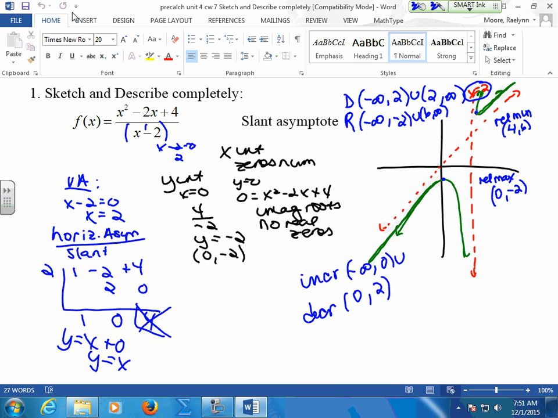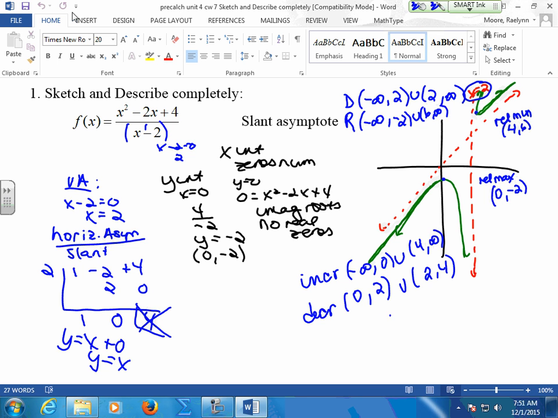We can't get past that. So what's this guy doing? Coming down here. If we jump up here, decreasing from where? 2 to 4. Good. And then what am I doing? 4 to infinity. Good.